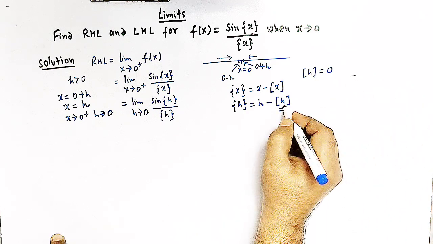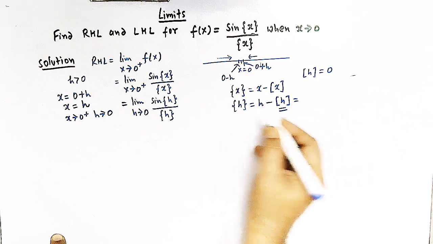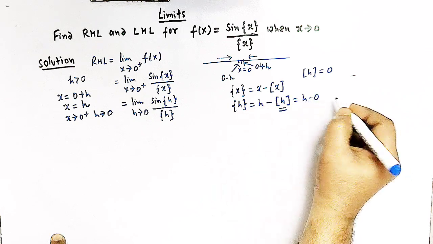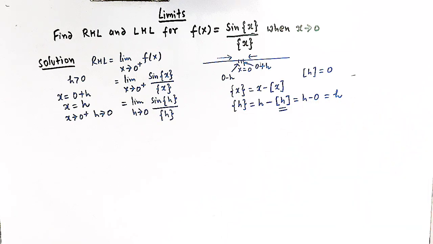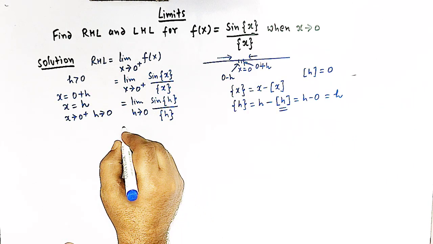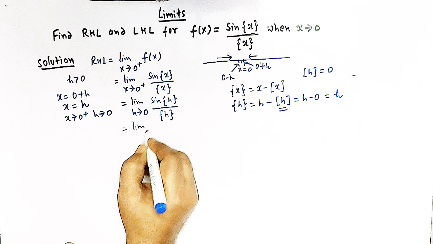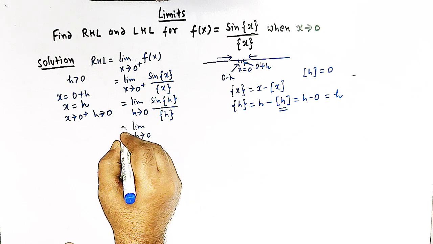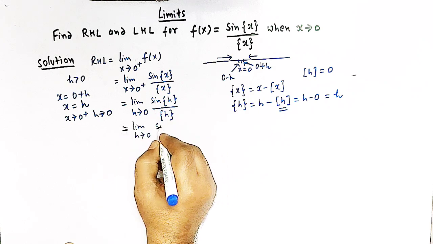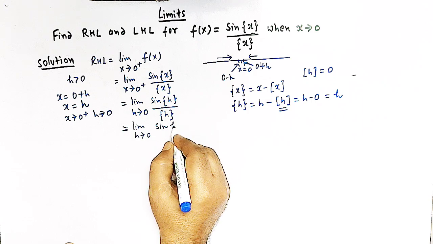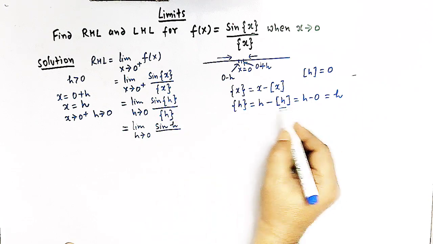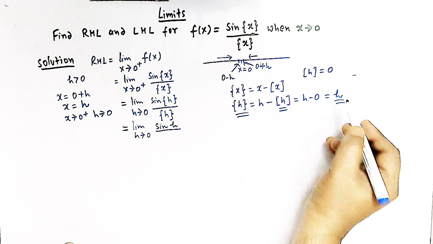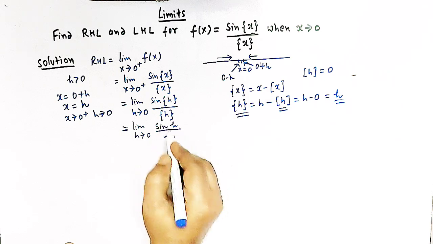So fractional part of h is h - 0, which equals h. So now we can write this limit as limit h tends to 0 of sin h divided by h, because fractional part of h is equal to h.